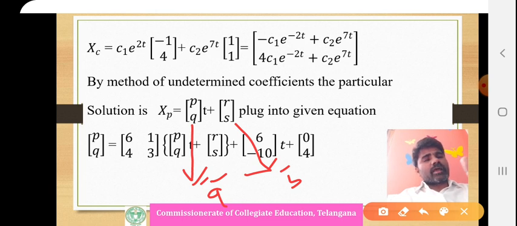Like that, same as the method of undetermined coefficients in ordinary differential equations, we can choose the particular solution here also, but here the coefficients are in vector form, p, q, r, s, like that.